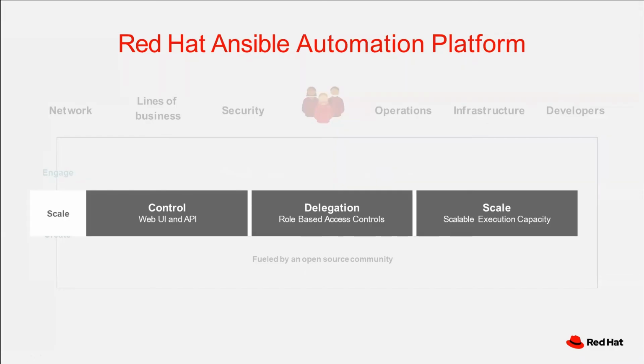So now we're moving on to the second part of the Red Hat Ansible Automation Platform. This is the section where we're going to get into Tower. And like I said before, Tower is where we can really scale the automation that we've used in the Ansible Engine. If we think about the Ansible Engine, we're running everything on the command line.